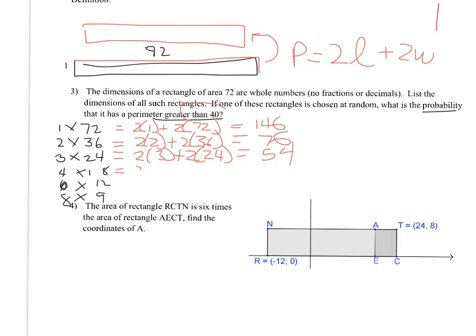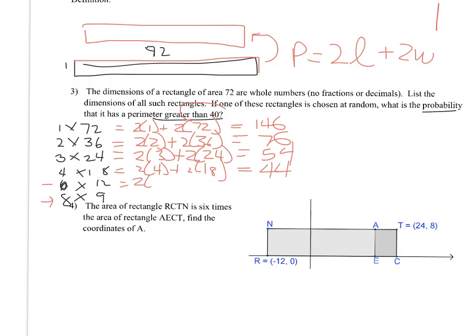The fourth one, 2 times 4 plus 2 times 18, I think that's 36 plus 8, which would be 44. Still over 40. Now the shape is changing, 6 by 12. It's starting to approach a square, and this is going to be as close as it's going to come to a square.